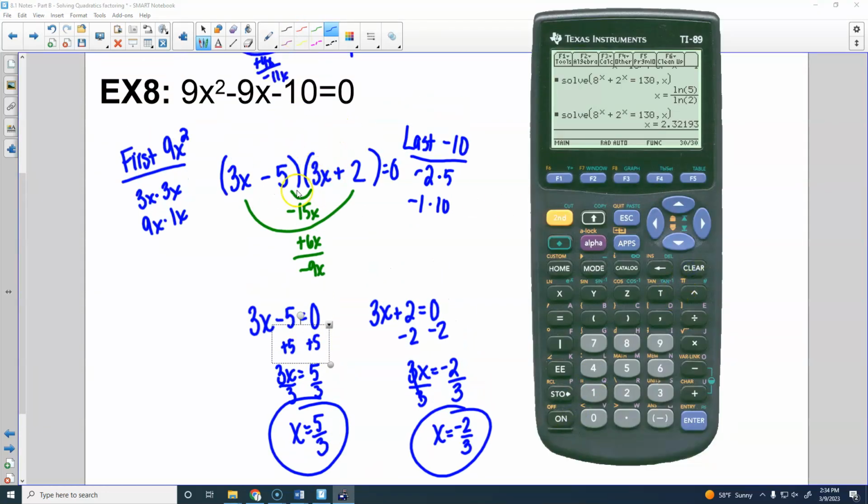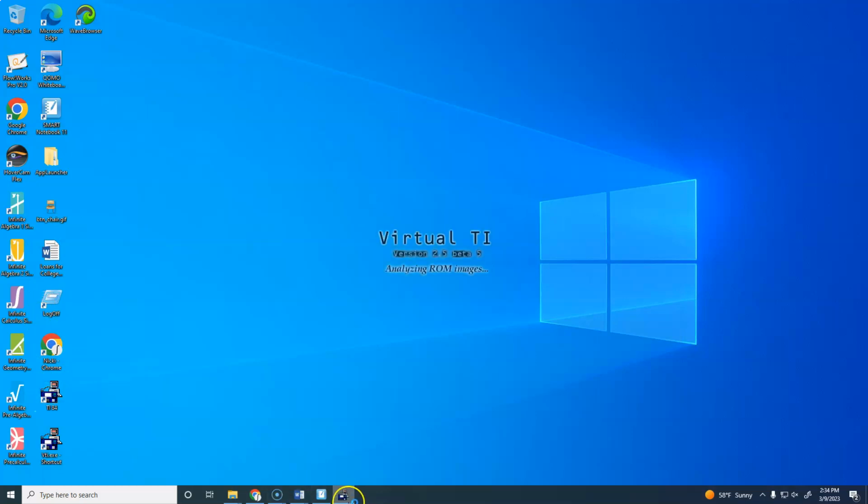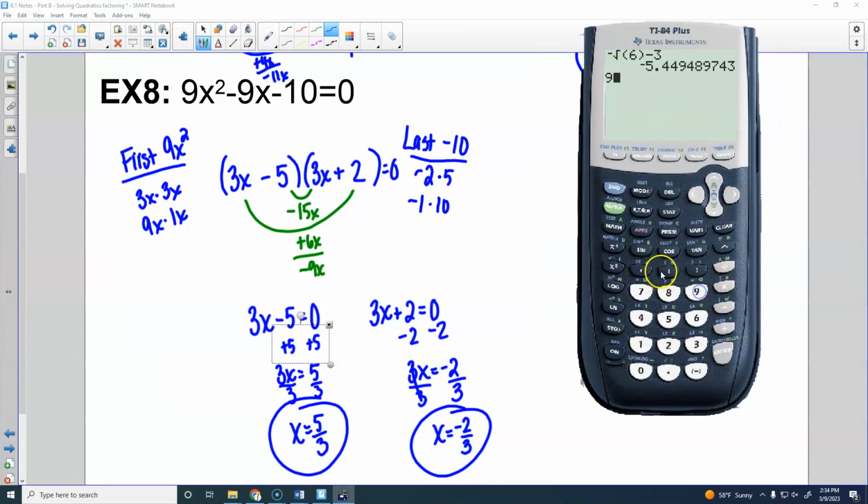So like if I get these two answers, if I do 9 times 5/3 to the second minus 9 times 5/3 minus 10. It equals 0, so that works. And then you can check your negative 2/3. So if you want to check your answers, you can.